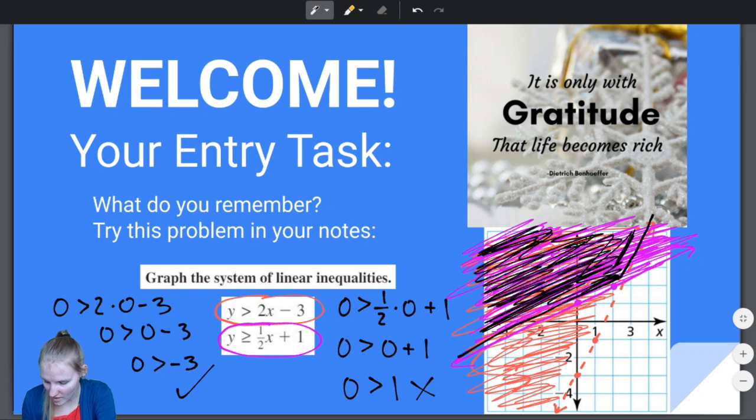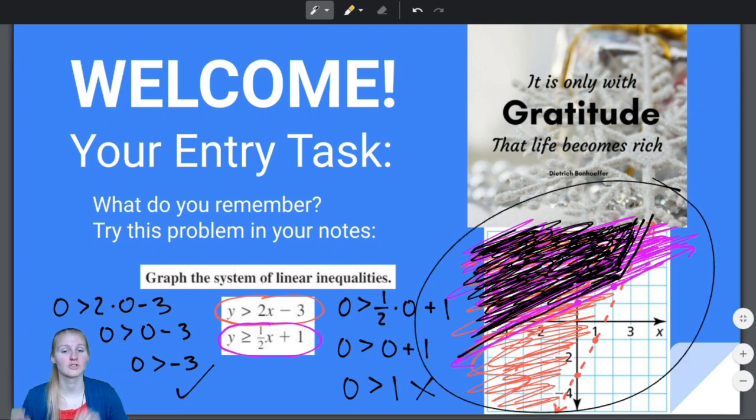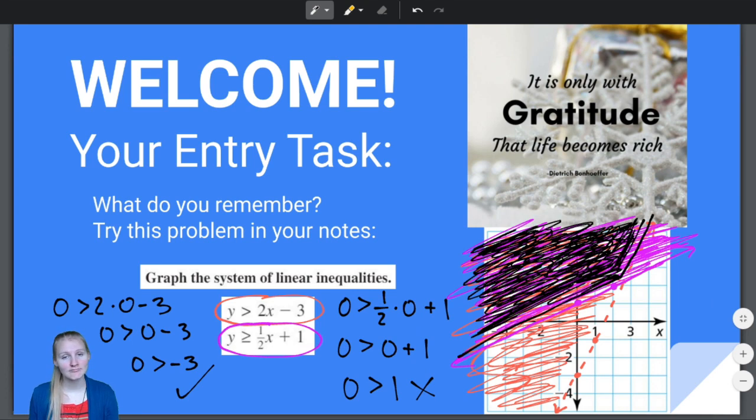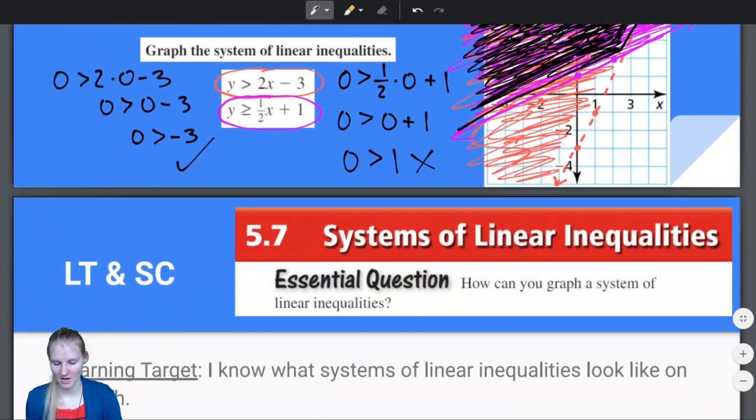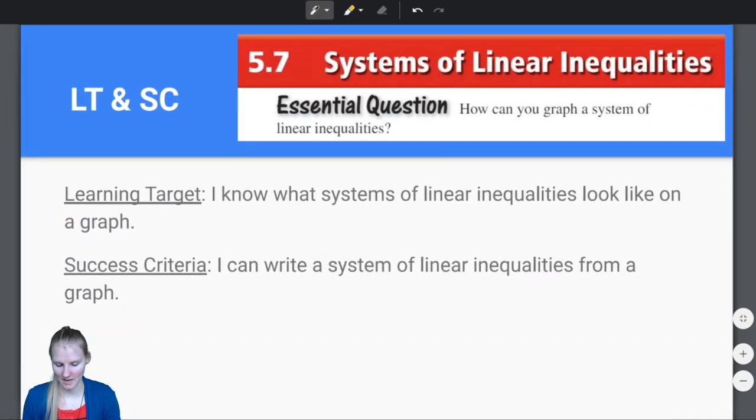Here is where the black region is, where the half planes intersect. So, this is the graph of our system of linear inequalities. Woohoo! Wonderful.